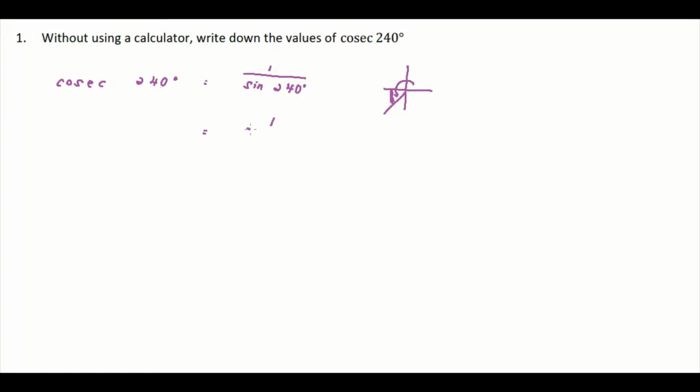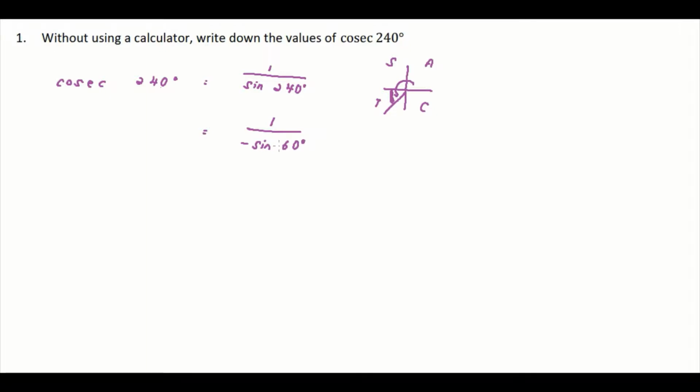So 1 over negative sine 60. I hope you still remember the first step: find the reference angle, which is the angle between the line of the angle that you want to find and the horizontal axis. Then you know that this is 60. Then find out your quadrant and identify the ASTC. So at the third quadrant, only tangent gives you positive. So that's why sine here is going to be negative.